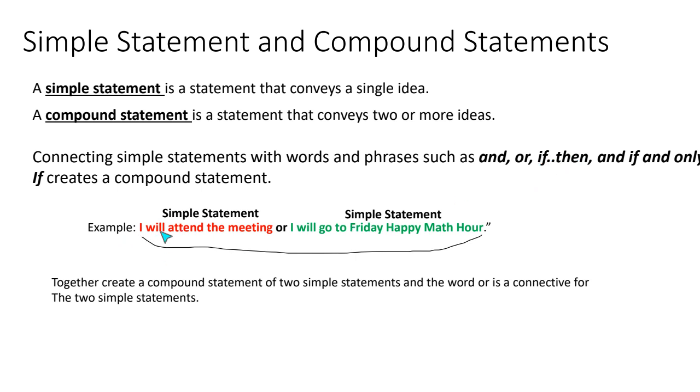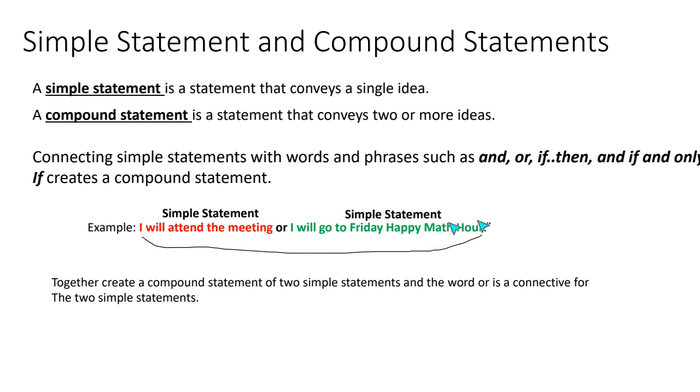So for example, I will attend the meeting, or I will go to Friday Happy Math Hour. Here, the first statement in red is a simple statement because I can say it's true or false. Or is my connective. I will go to Friday Happy Math Hour. So either you're going to go or you're not going to go. So that's true or false.